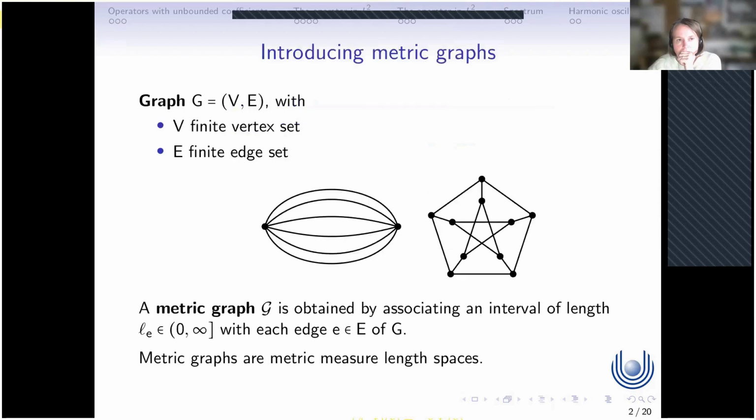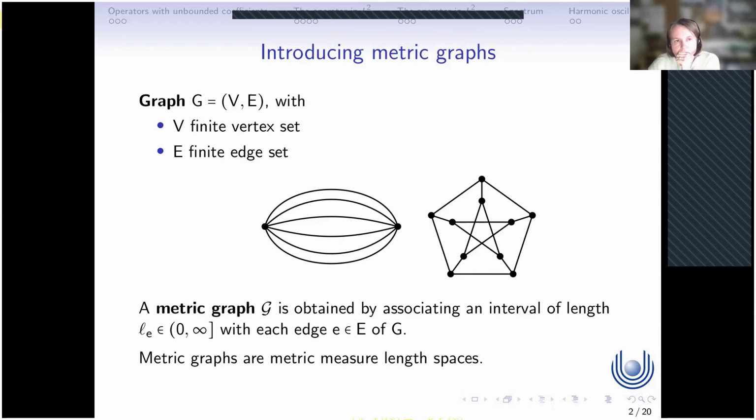Okay, so just to be clear with our setting and our notation, like in the previous talk, we are talking about finite graphs. So we have finitely many vertices and finitely many edges. And we turn a graph, a combinatorial object, into a metric graph by associating each edge with an interval of finite or possibly infinite length.